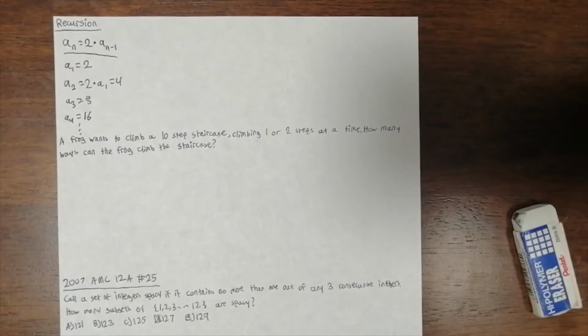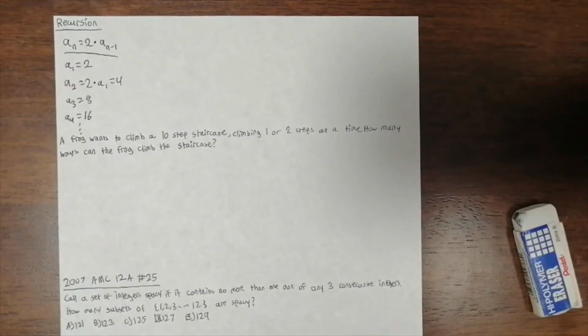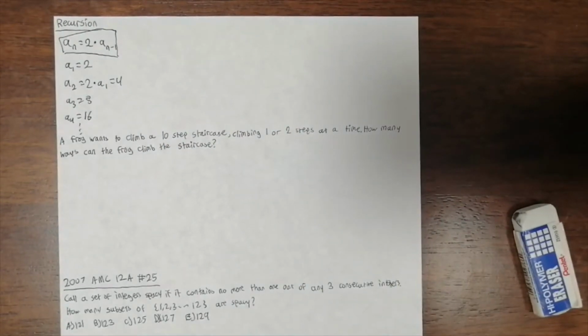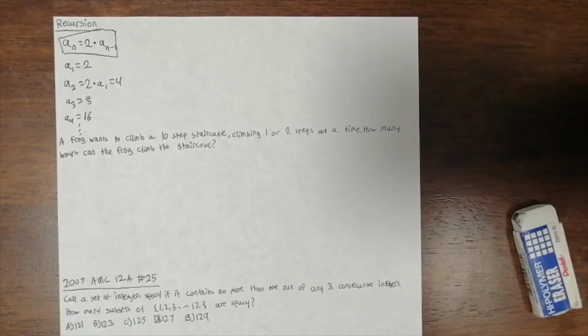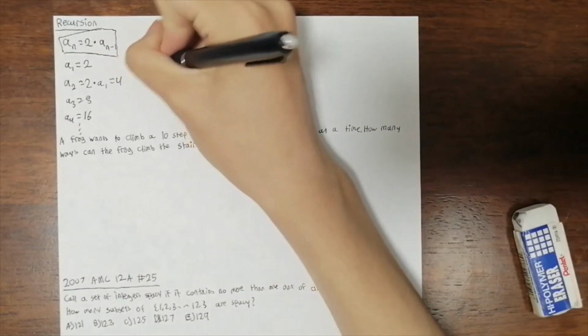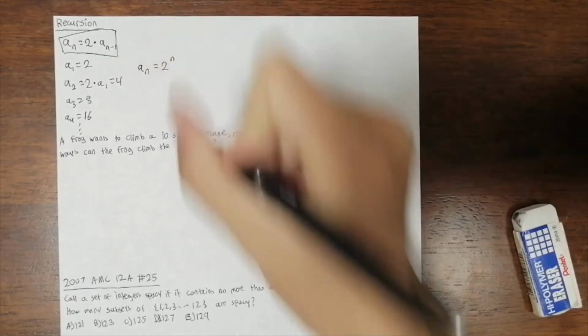Now, in contrast to a recursive formula, which is what this is known as, there's also something known as the explicit formula, which is more commonly used. The explicit formula is basically a way to directly compute the value of some term. In this case, the explicit formula for the sequence would be a sub n is equal to 2 to the power of n.